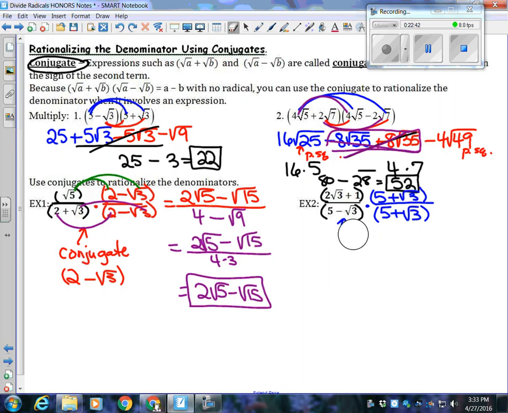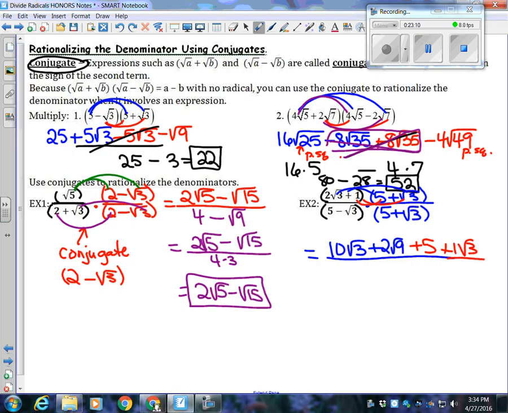So when we multiply the top, this time we have to FOIL the whole thing out. I'm going to get on top 2 times 5 is 10 with the square root of 3 also. Then I get plus 2 square root of 9. Then I'm going to get plus 5 plus 1 square root of 3.